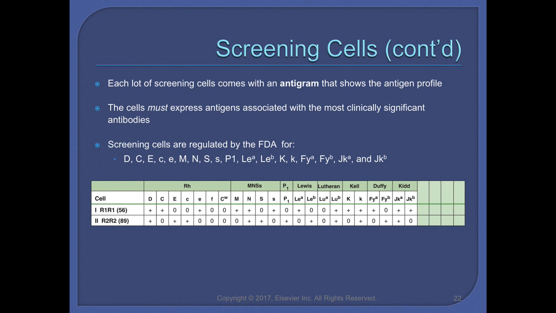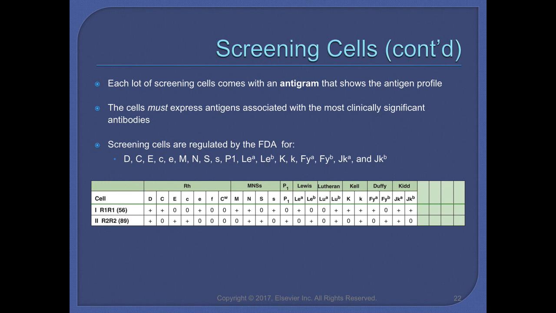The screening cells that we buy from the manufacturer will come with these positive and negative reactions. Every time we use a set of screening cells, we have to use the corresponding antigram for those specific cells. I cannot use screening cells from one set and take the antigram from another set, because those cells are going to have a different reaction.